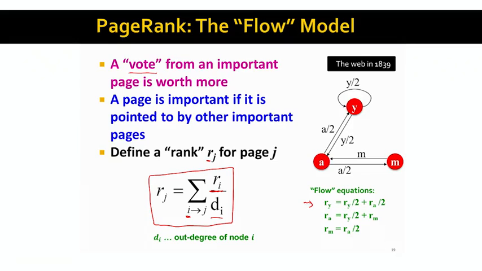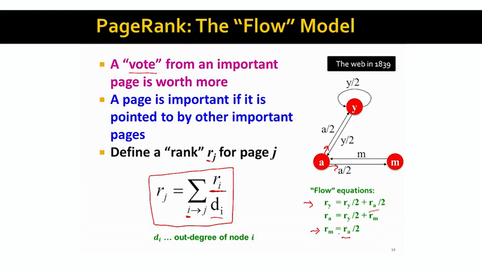And similarly, node A has 2 outgoing links, so we take r_a and divide it by 2. For example, if you ask what is the importance of node M, it is the importance of node A divided by 2. Again, because node A has 2 outgoing links, and half of its importance goes to M, and half of its importance goes to Y, as we saw here, right?